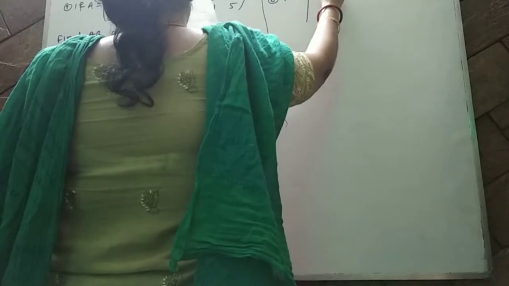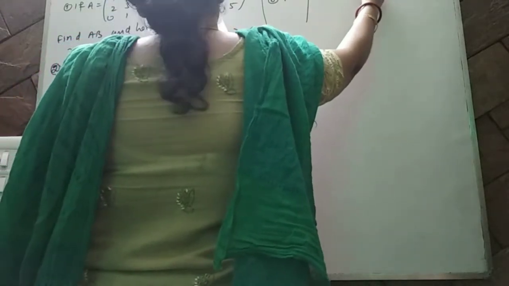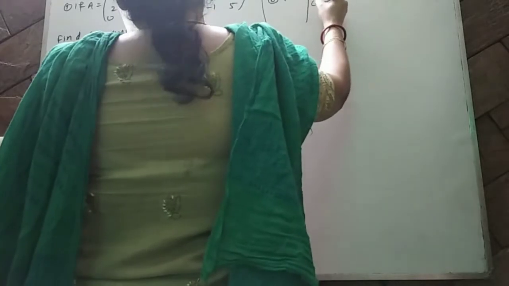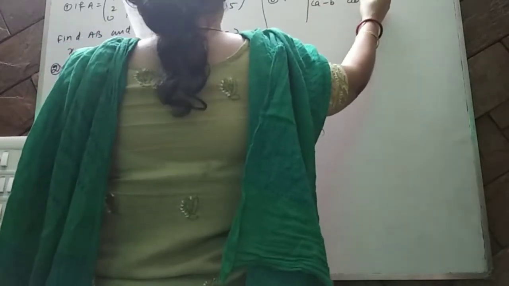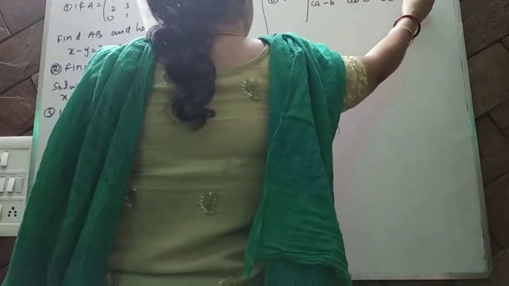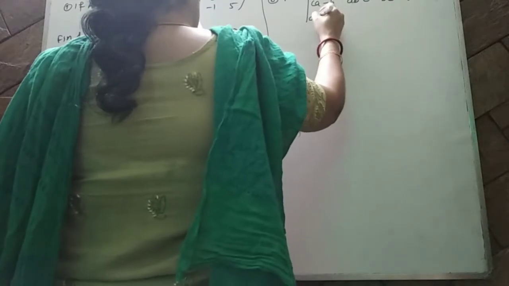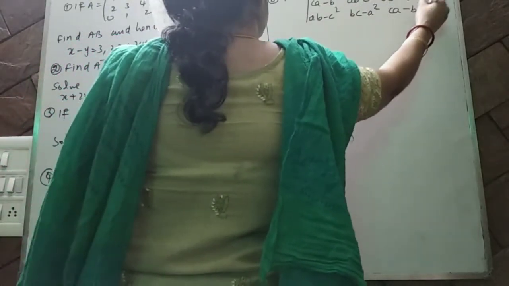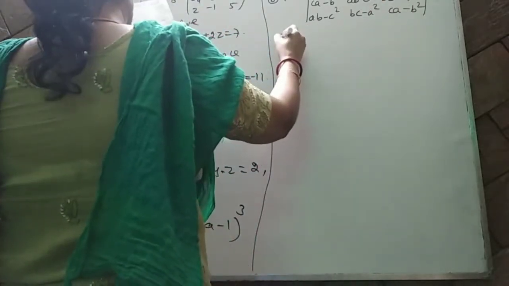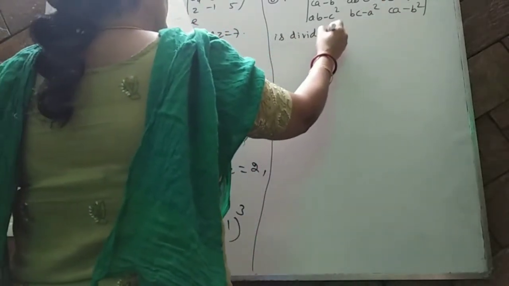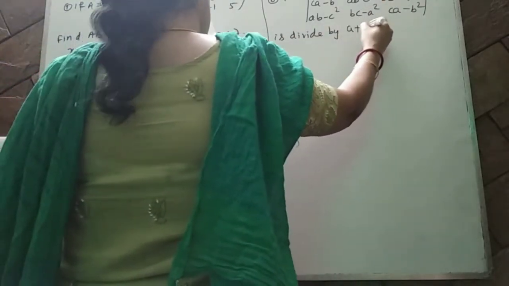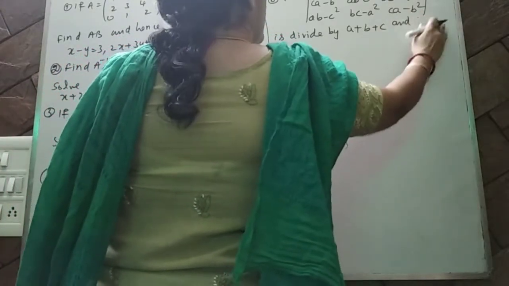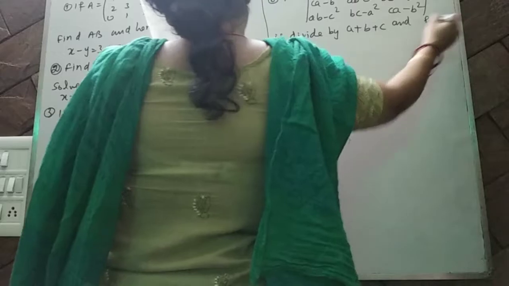Prove that the determinant with rows [BC - A², CA - B², AB - C²], [CA - B², AB - C², BC - A²], [AB - C², BC - A², CA - B²] is divisible by A + B + C, and hence find the quotient.